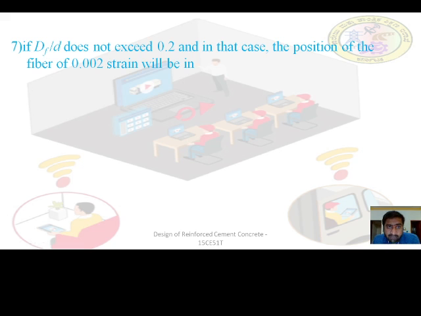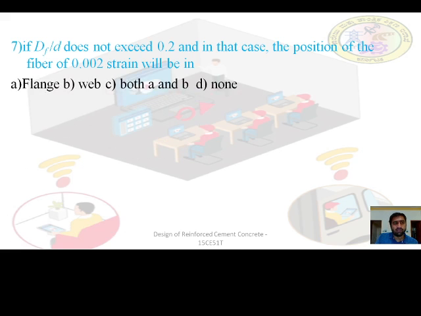If Df by D does not exceed, means if it is less than 0.2, in that case the position of the fiber of 0.002 strain will be in what? Actually it is web. So make the correction.